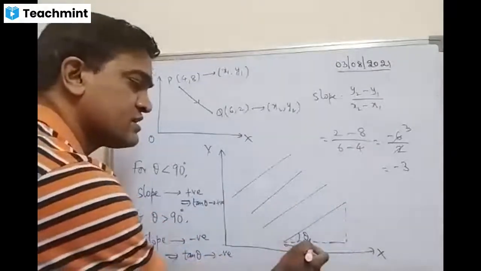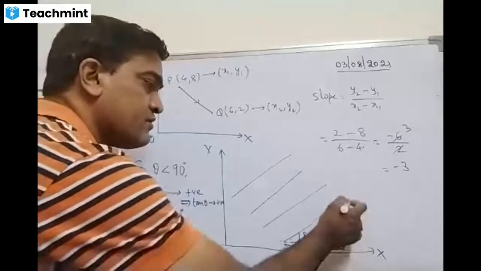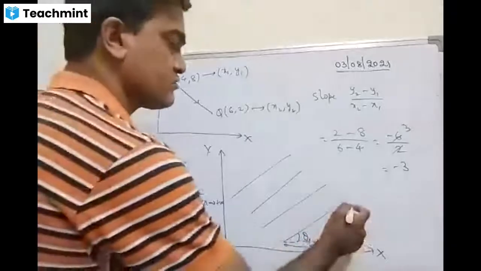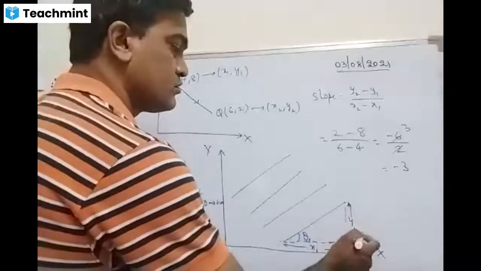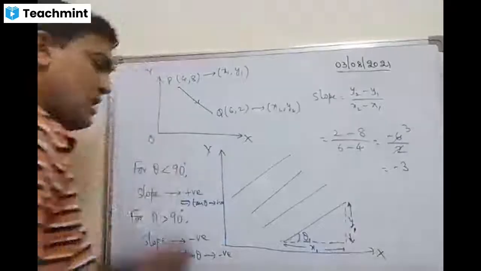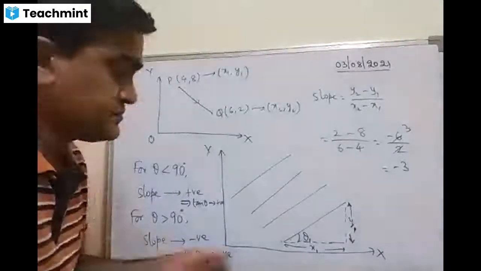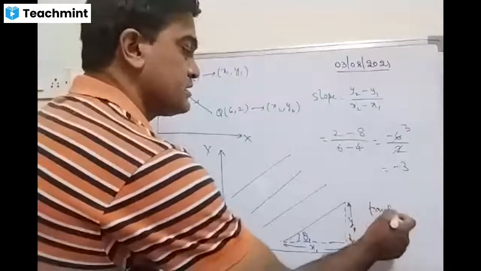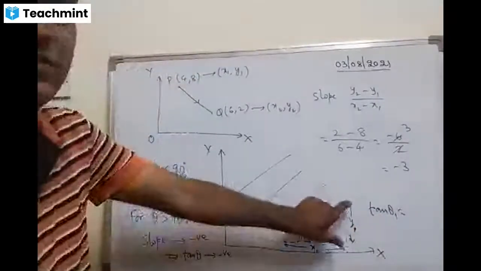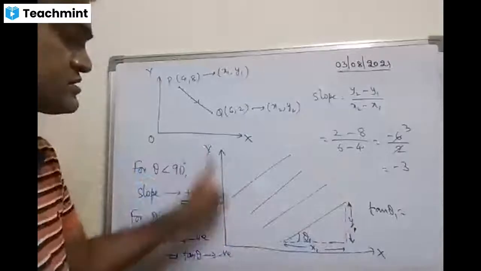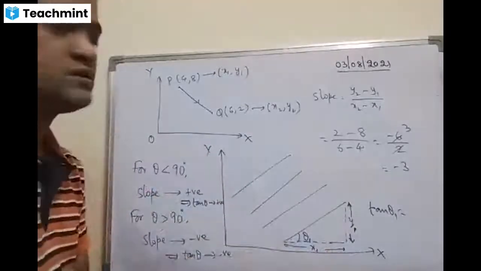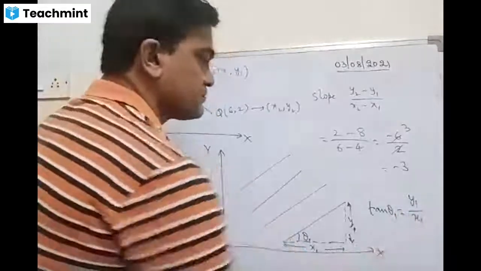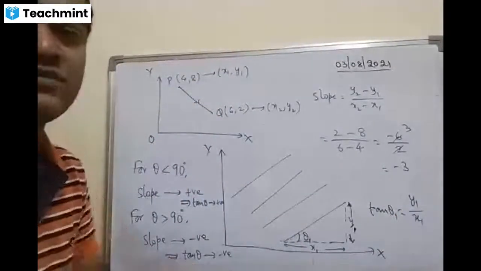If I take this length as x1, and this length as y1, then tan theta 1 will be what? Is this a positive value? Y-axis is positive, x-axis is also positive. So y1 upon x1 gives a positive value.